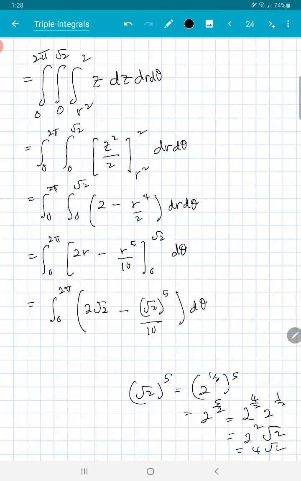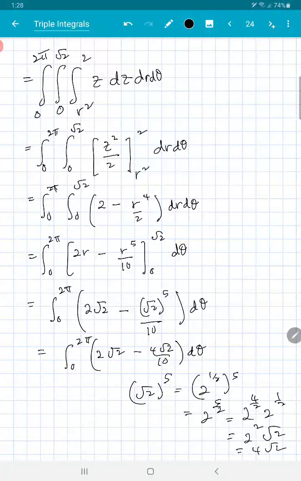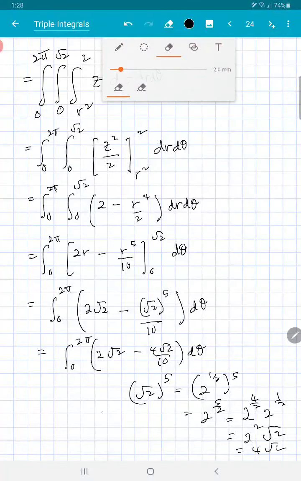So here we get, from 0 to 2 pi, 2 square root of 2 minus 4 square root of 2 over 10, then integrate with respect to theta.